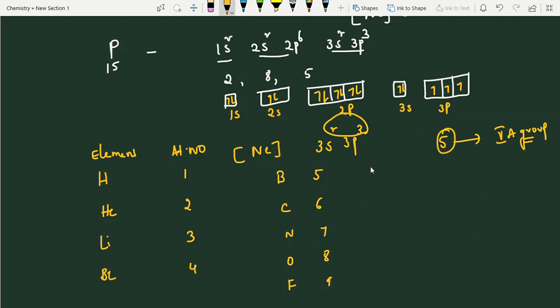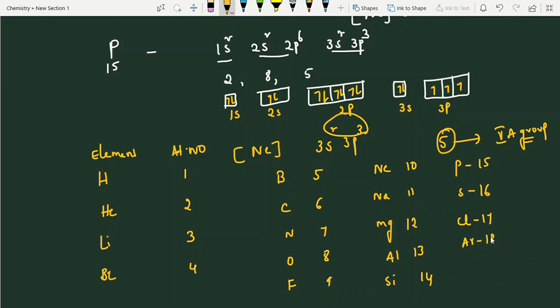Next one, neon 10, sodium 11, magnesium 12, aluminium 13, silicon 14, phosphorus 15, sulfur 16, chlorine 17, argon 18, potassium 19, calcium 20. Up to 20 elements.